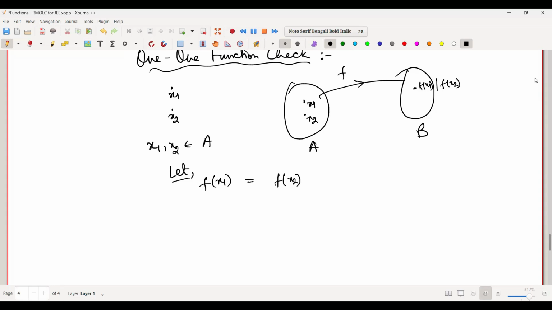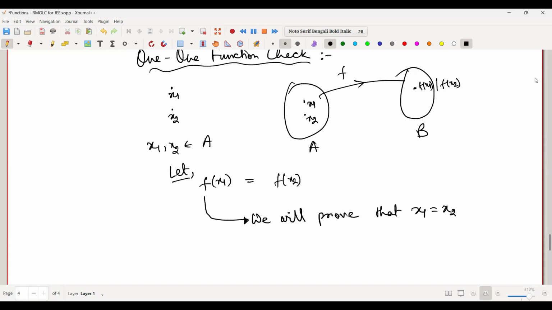That means these two elements x1 and x2 have the same image. So from this we will prove that x1 equal to x2.